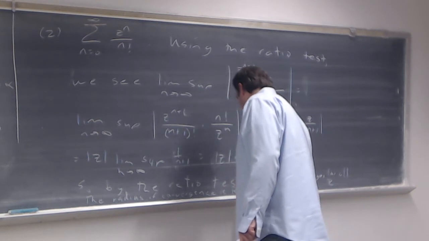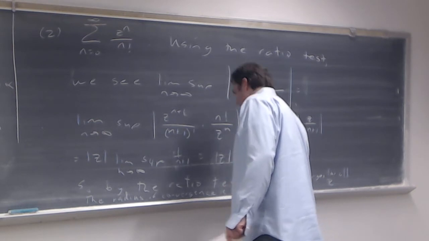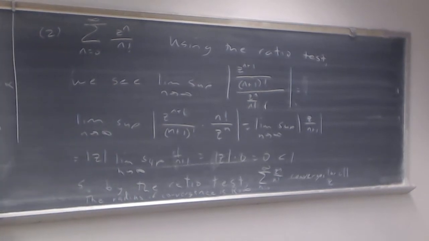R is equal to infinity. So in that previous example, we're saying that our series converges for all complex numbers z. Okay. All right, let's do another example.